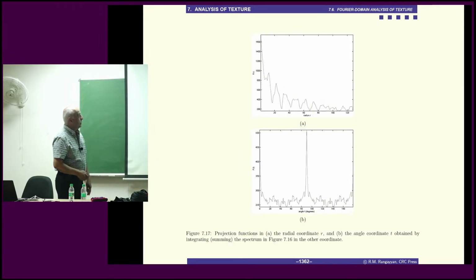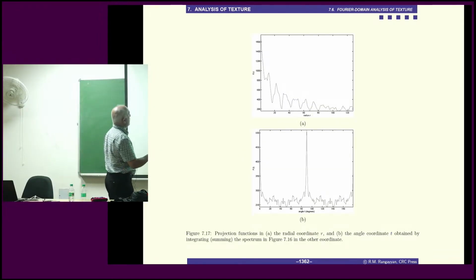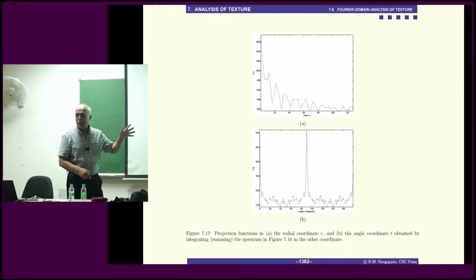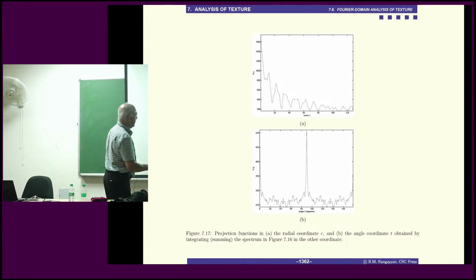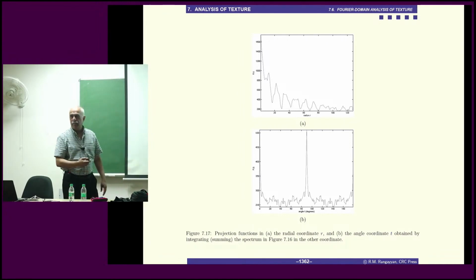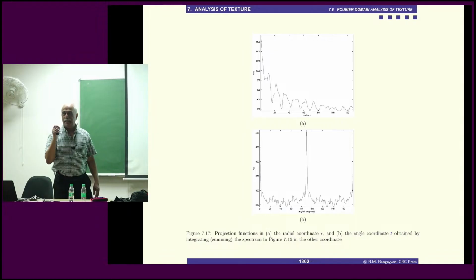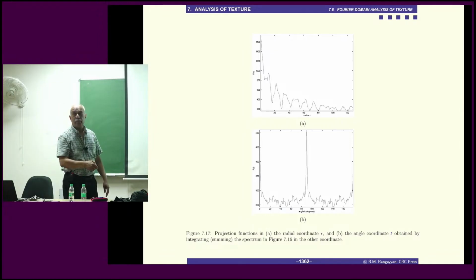If you break that into the marginals, this is a function of radial frequency where the periodicity is clear. But this is a perfectly periodic signal. This is the function of angle and there is not much variation there because the spot is isotropic. But this shows periodicity.